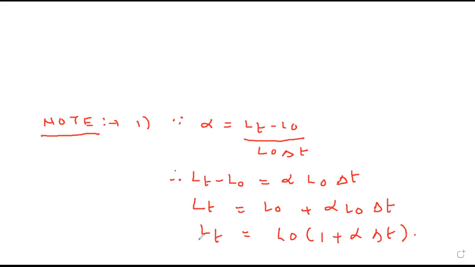So whenever they say find the length at 10 degree, 20 degree, 30 degree, directly I'll be using this formula.